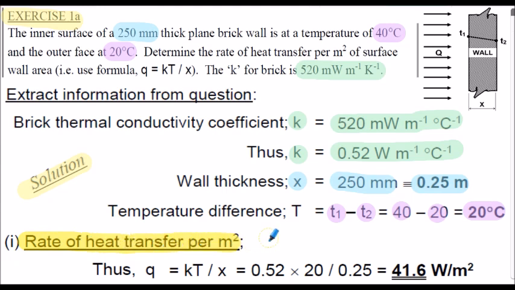So within this presentation, I'm using lowercase q to denote this quantity. So the formula is KT divided by X. Inserting the values, the rate of heat transfer per unit area in this case is 41.6 watts per metre squared.